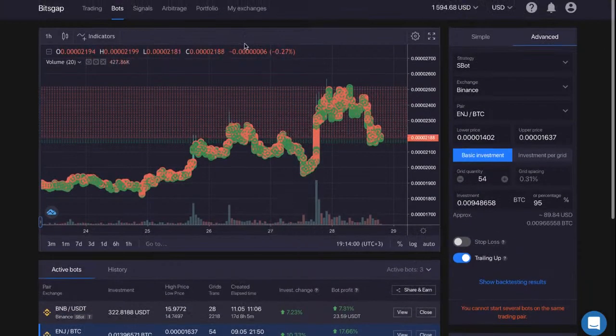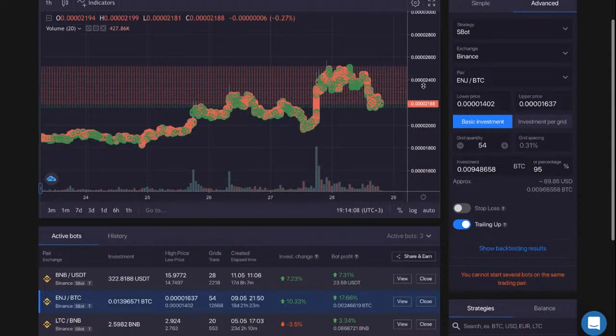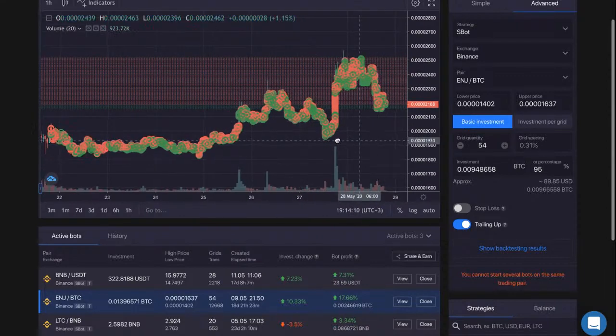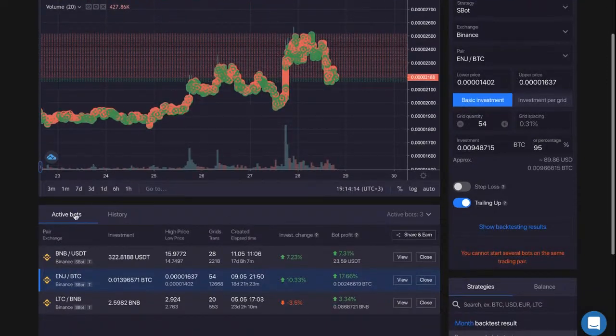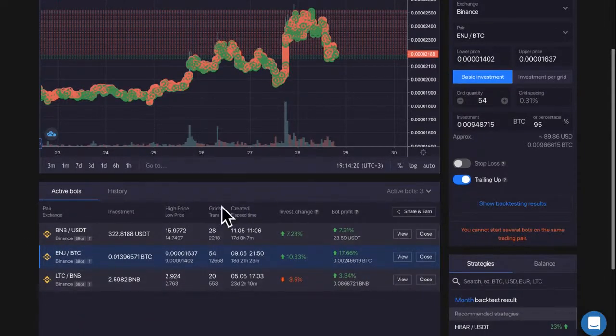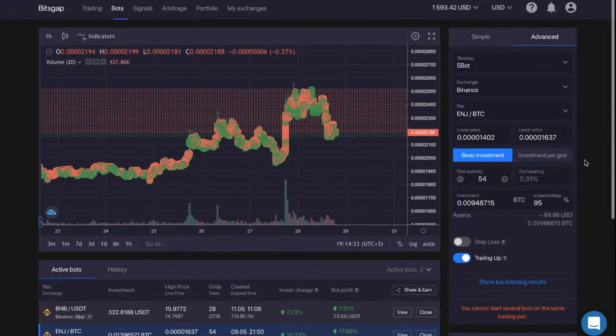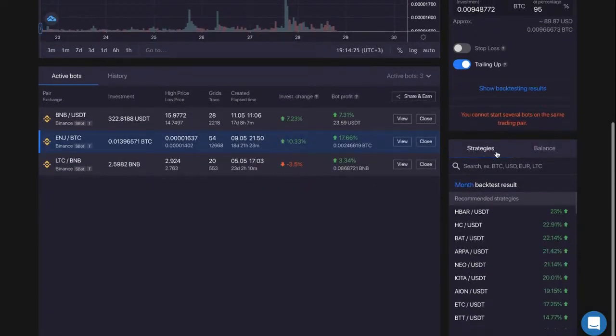So here on the main page, you go to the bot section, and here you have a nice chart which you can zoom out and zoom in and stretch in any way you want. You see that I already have some active bots trading for me, but we will come back to this a little bit later. And on the right side you have strategies.